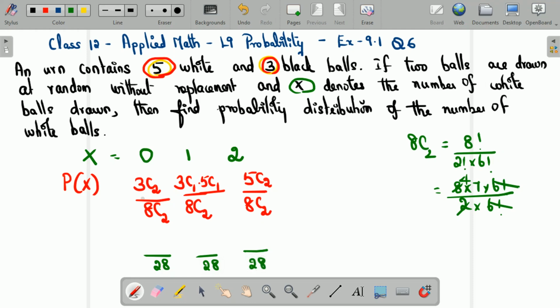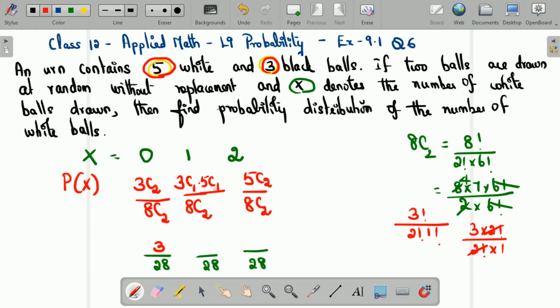Now let's work on computing the numerator. So 3C2 means 3 factorial divided by 2 factorial into 1 factorial. 3 factorial is 3 into 2 factorial, divided by 2 factorial into 1 factorial, which is just 1. So if you strike this out, this is going to be equal to 3. So the numerator in this case is 3, so this is 3 by 28.